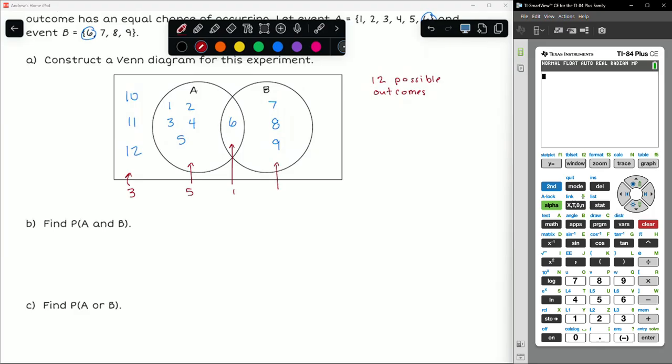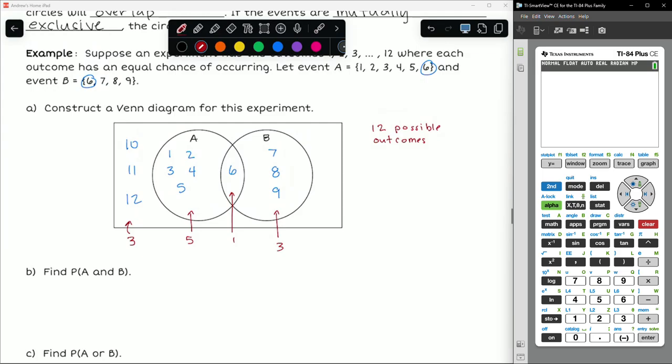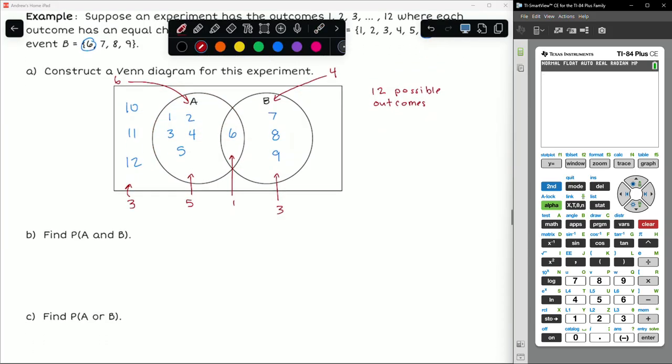In this section, there are 3. I also know that all of B has 4 total in the B circle, and that all of A has 6 numbers in it, 1, 2, 3, 4, 5, 6, because that is in circle A, it's just also in circle B. That's going to help us answer these questions below.